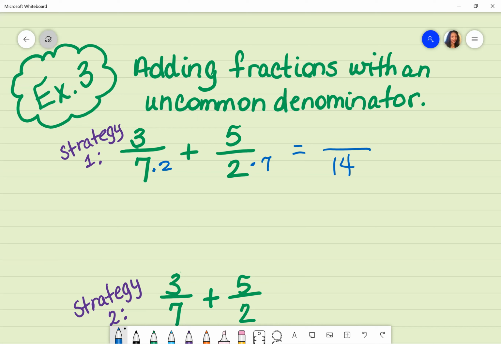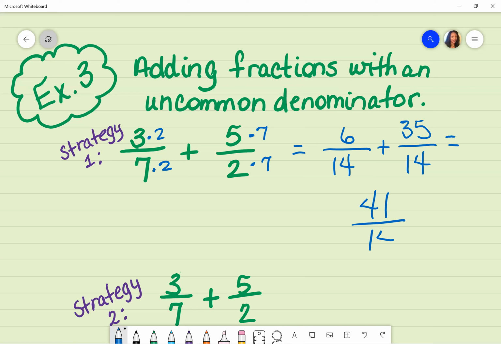Gotcha. So what do I put in the numerator? We have to do the same thing that we did with the denominators and multiply it by that number. So 5 times 7 equals 35, and 3 times 2 equals 6. Okay. And then both of those equal 41.